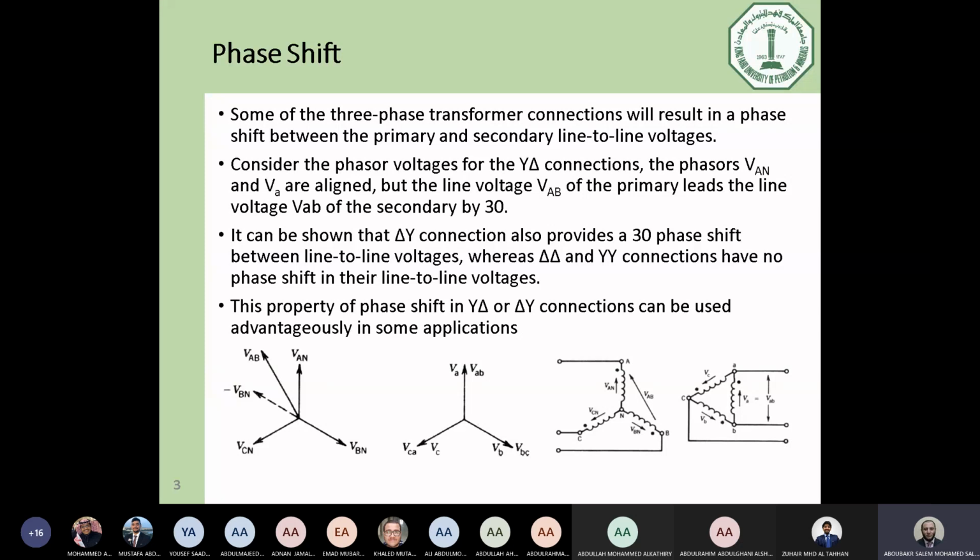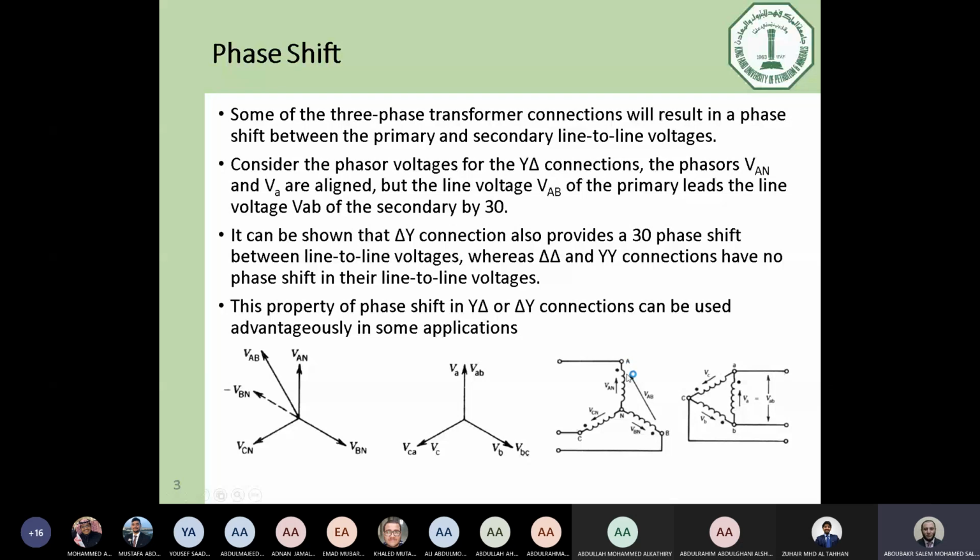If the primary and secondary are different, which means Y-delta or delta-Y, this is going to make a phase shift between the line-to-line voltages of the two sides. For instance, if we have a Y-delta transformer like that, here we can see the line-to-line voltage, let's say VAB, between these two terminals, and VAN is just this voltage.